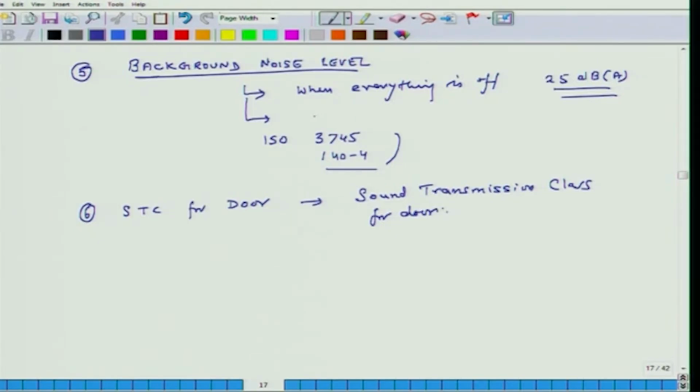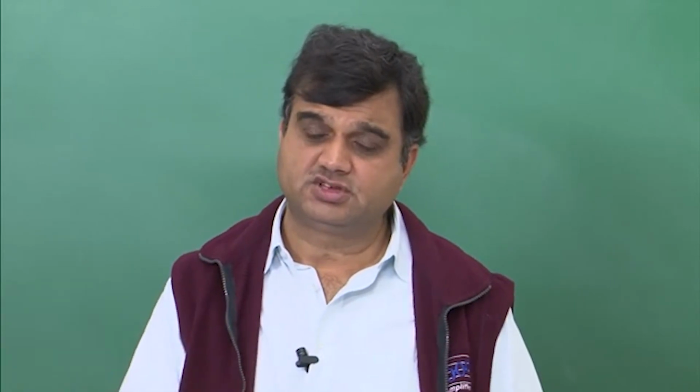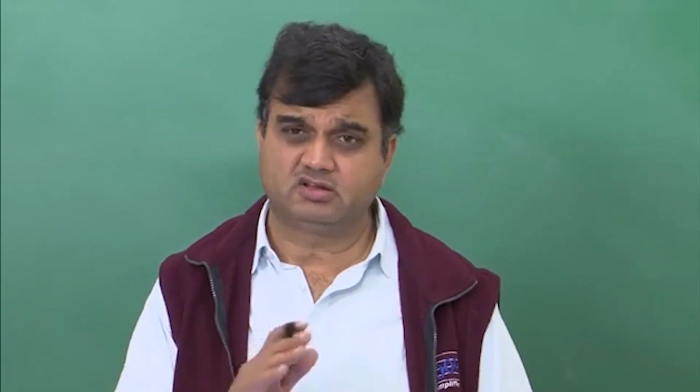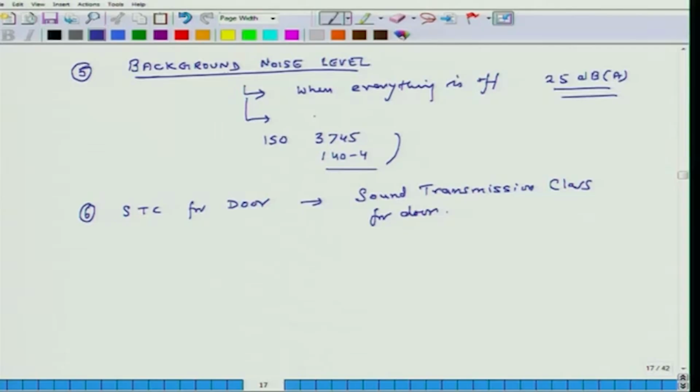Okay, so this is what it means. So if our door has an STC value of 65, roughly it means that it will reject 65 decibels of sound with reference to outside. Roughly, it's not one-on-one number, but roughly. Okay.